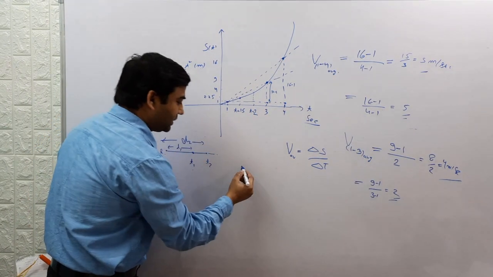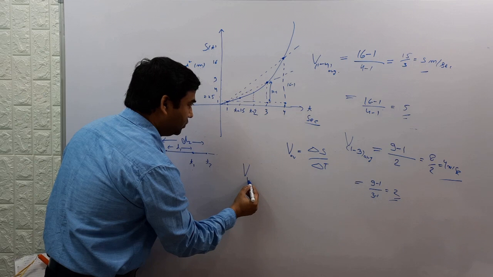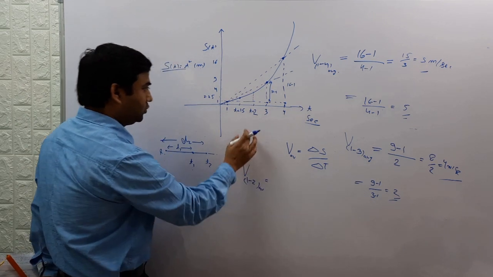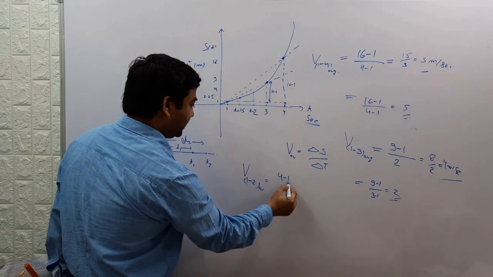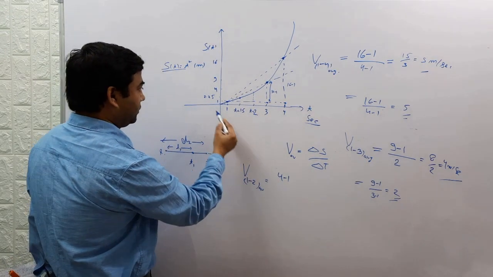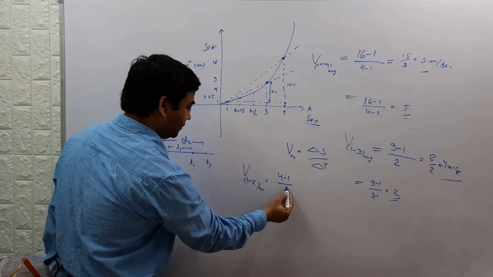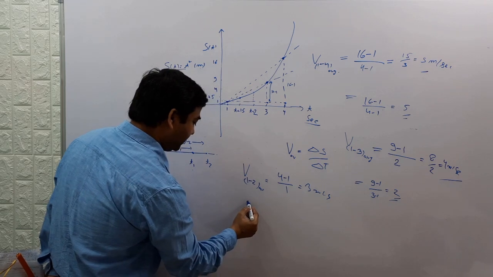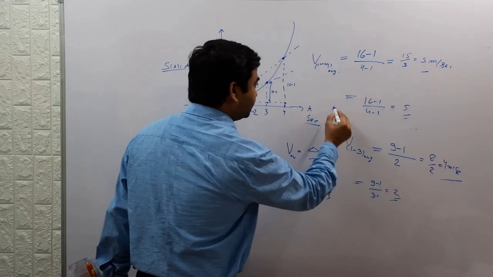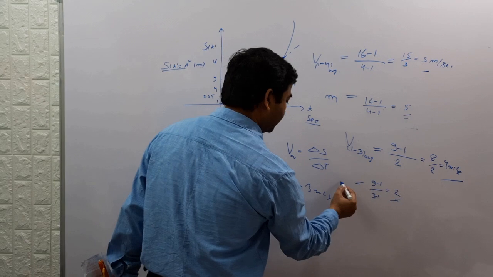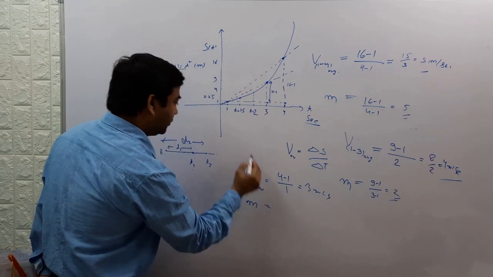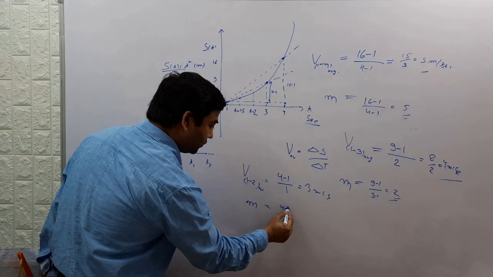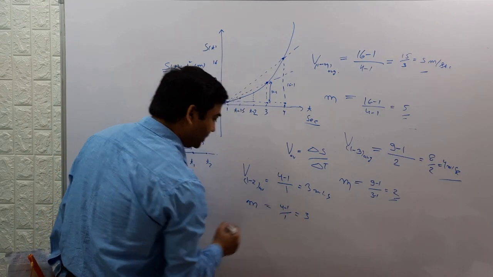Similarly, we will conduct the same exercise for t equal to 1 to 2. Average velocity for 1 to 2 is 4 minus 1 divided by 1, that is 3 meter per second. And the gradient m for the secant joining t equal to 1 and 2 is also 4 minus 1 by 1 equal to 3.